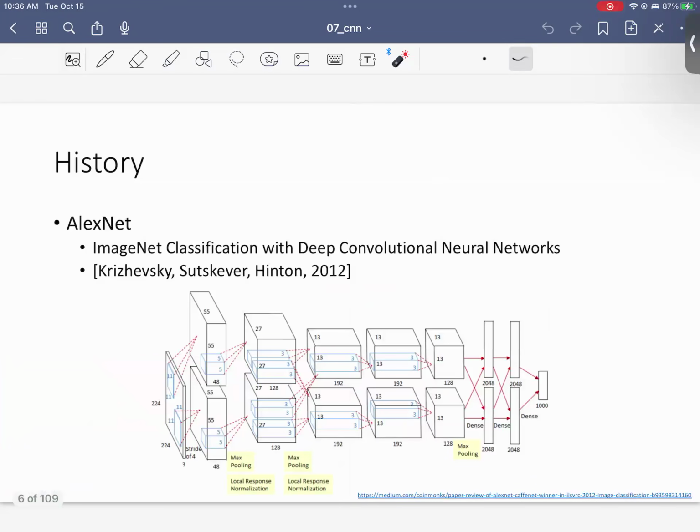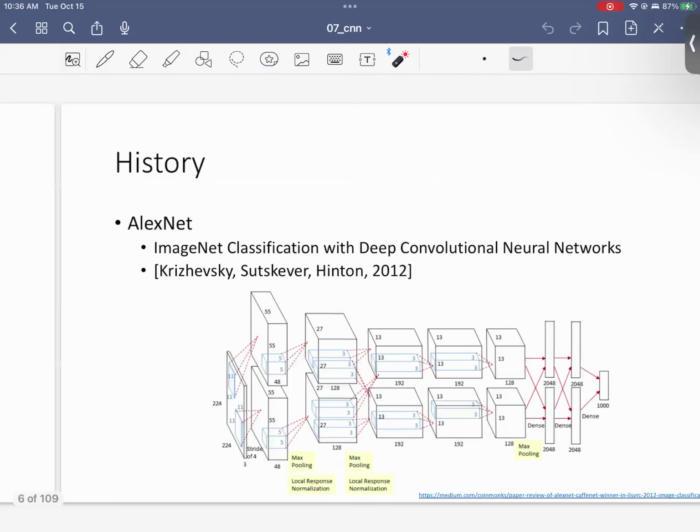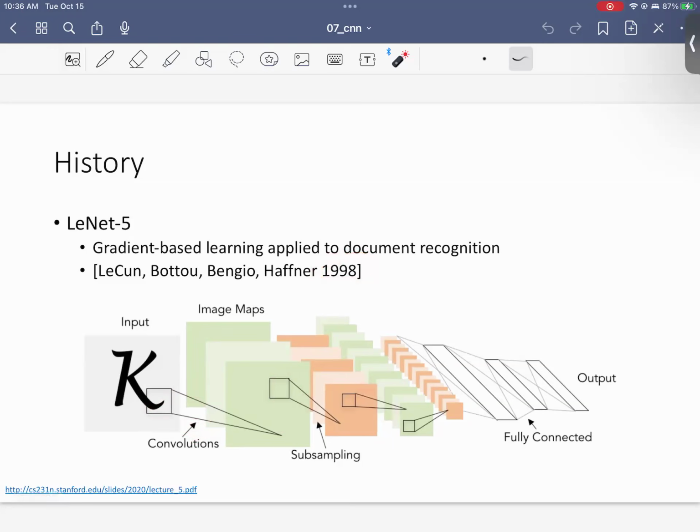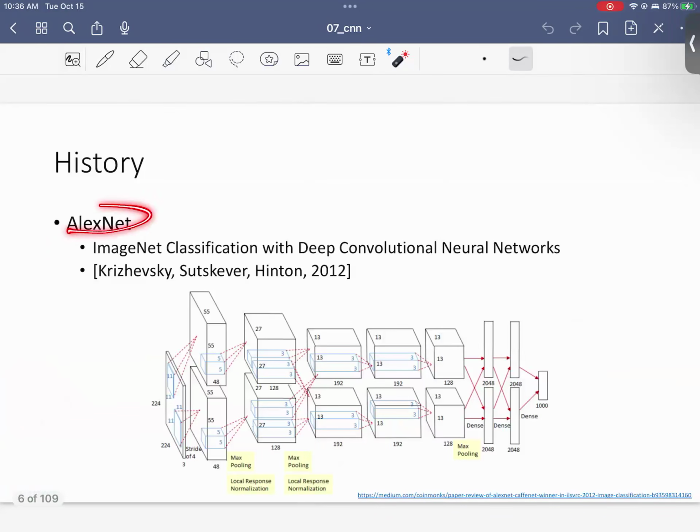I'm not sure if people noticed CNN that much when it was first proposed in 1998, because it wasn't very much of a big hit until AlexNet came out and swept the ImageNet challenge back in 2012. You also see all the famous names: Alex Krizhevsky, Ilya Sutskever, who used to work at OpenAI, and again Geoff Hinton.